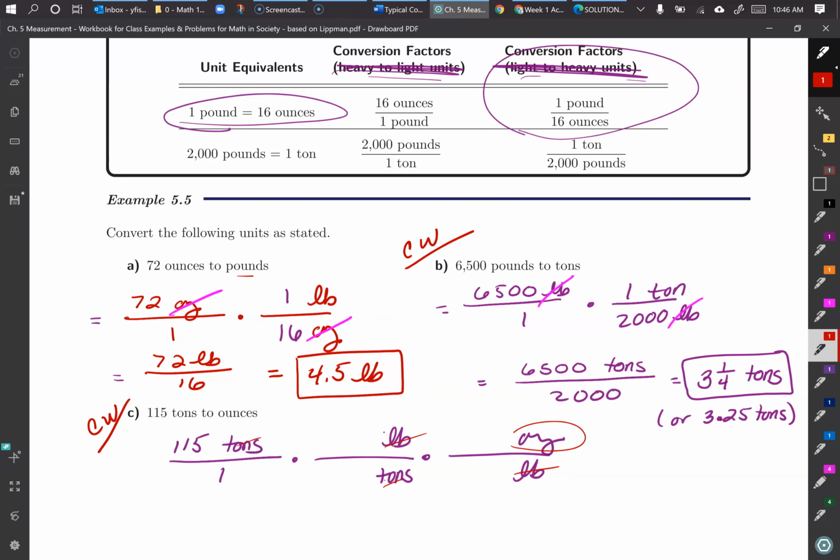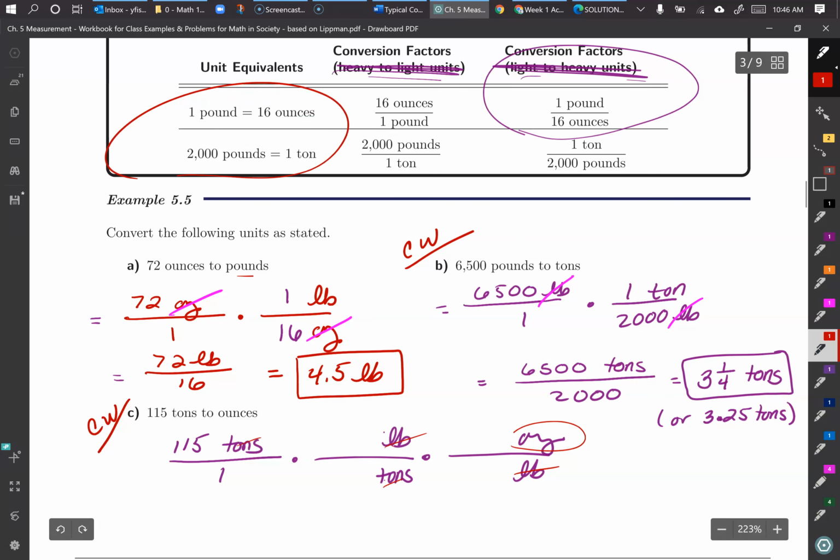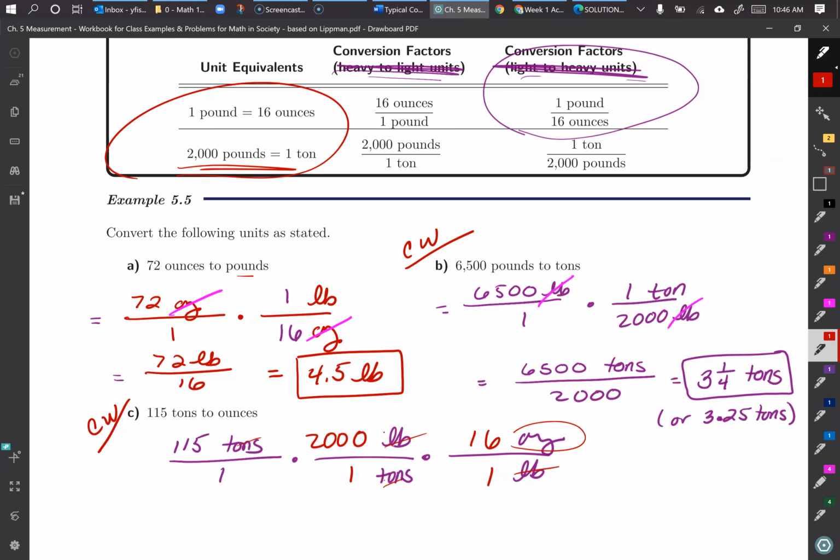So I do that first, and then I fill in my equivalencies from up here. The first one I have 1 pound and 16 ounces. I could fill that in, but actually I'm going to start here. 2,000 pounds to 1 ton, and then I have my 16 ounces to 1 pound. Make sure you see that these all reduce out, leaving me with just the ounces, which is what I want.